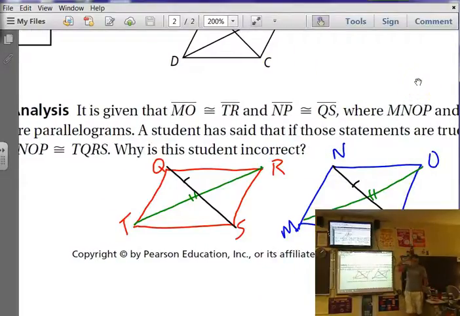What do you think? The way I visualized it was like I had a square. Should I draw? Sure, if you want.